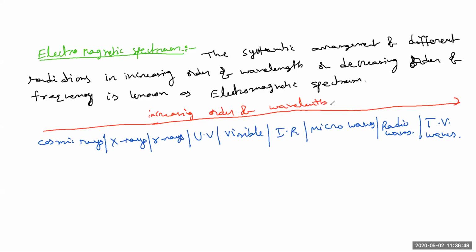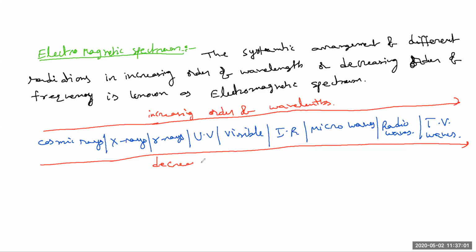And this order is the decreasing order of frequency. Understood or not? Next, visible now. See, what are these visible radiations? The range.